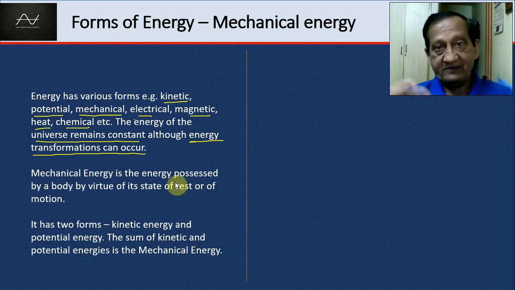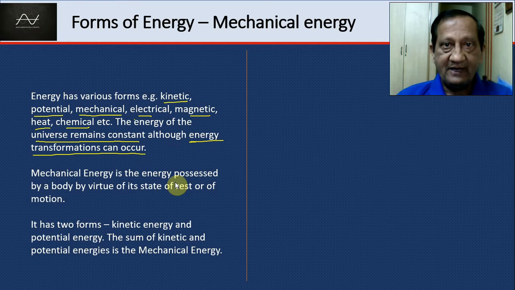And in fact, we are always interested in how to transform one form of energy to the other, like your ceiling fan is taking electrical energy as input and delivering mechanical energy as output. We are converting electrical energy into mechanical energy.